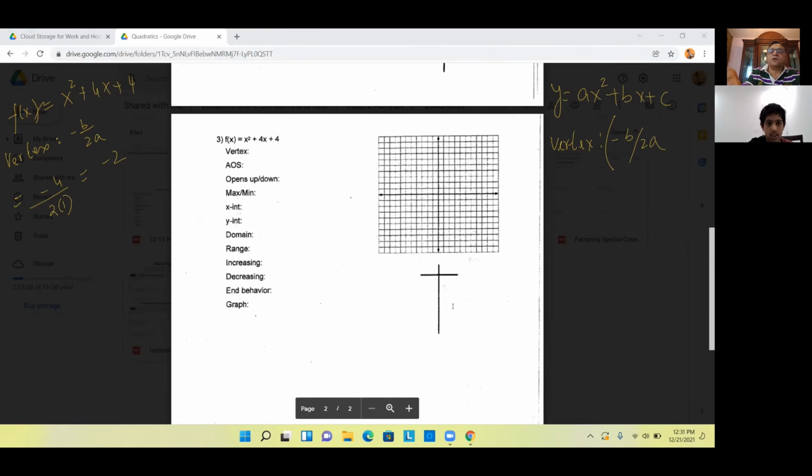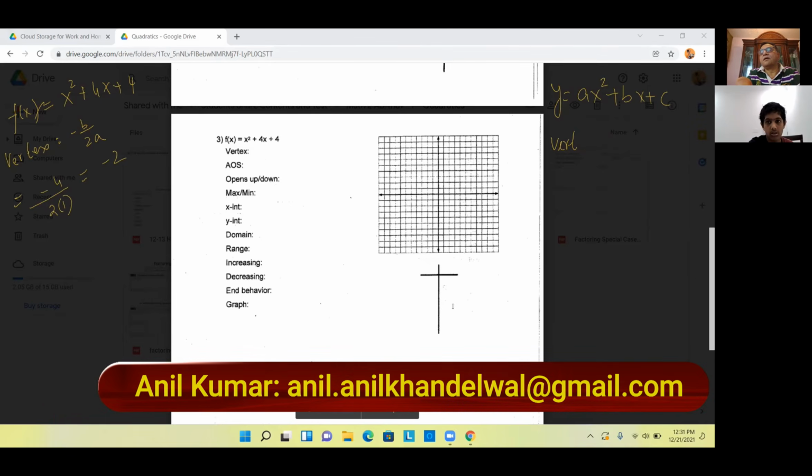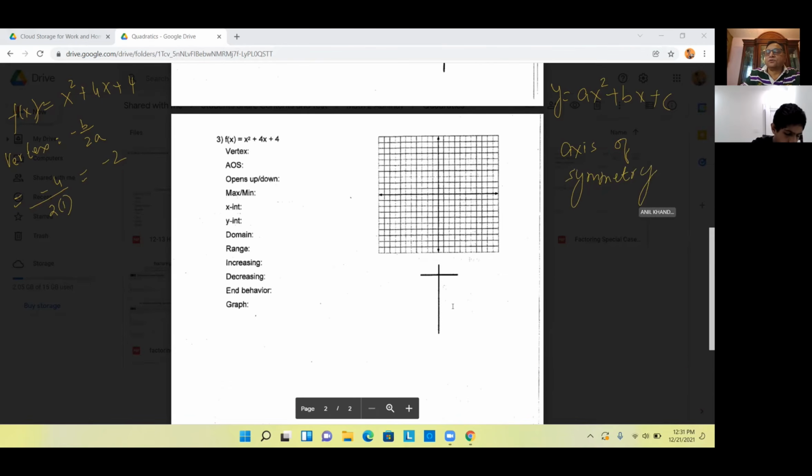So let me write down not the vertex, but the axis of symmetry. In that case, you do not have to use completing the square. The formula helps, minus b by 2a, correct? That is what Abhinav has used to quickly find the value.